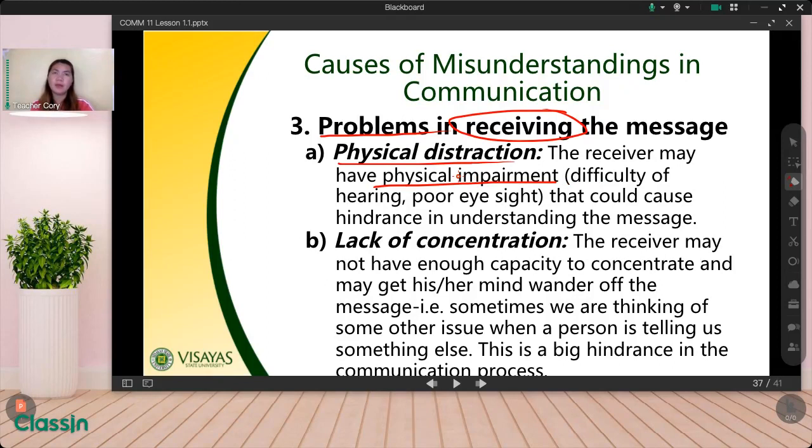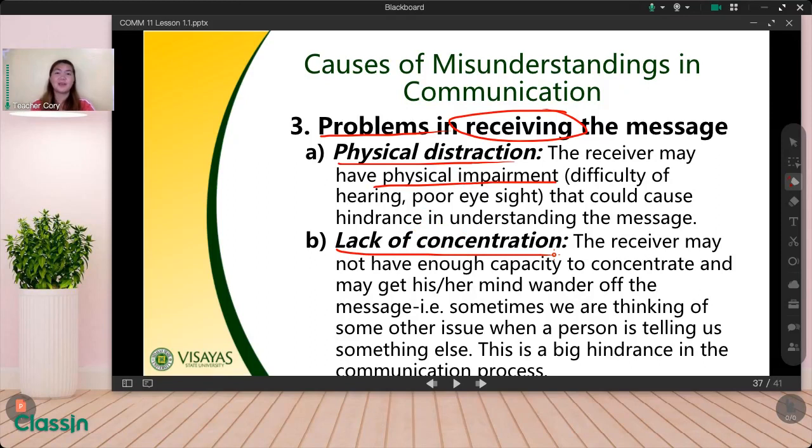So how do we avoid this one? It is by recognizing these noises, and for us to repair and adjust and use other ways of communicating if there is physical distraction or impairment.